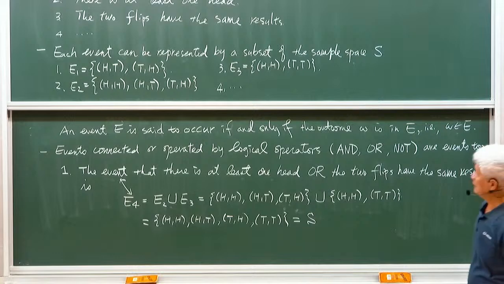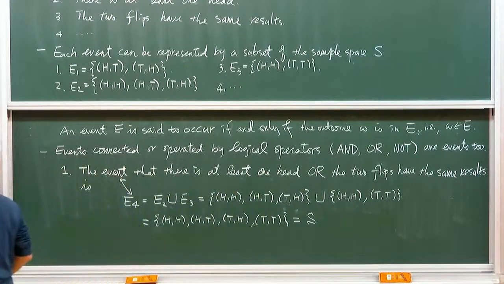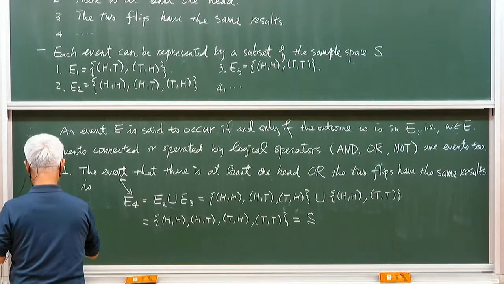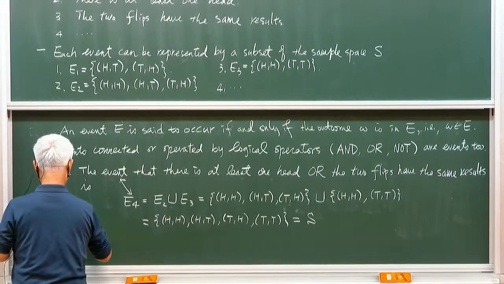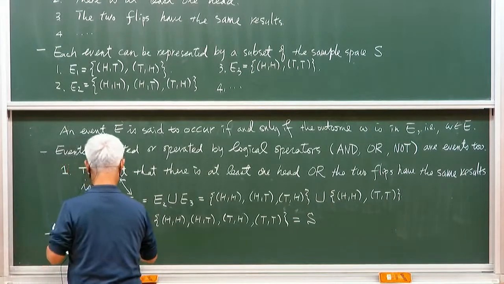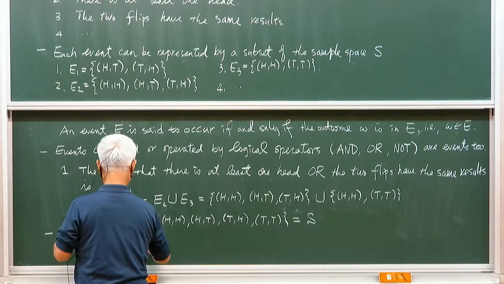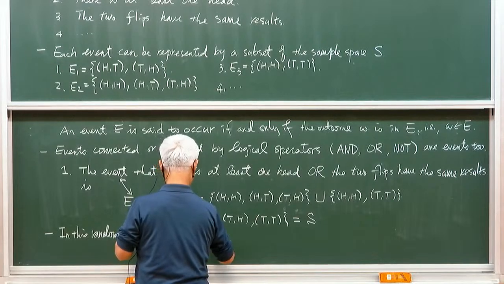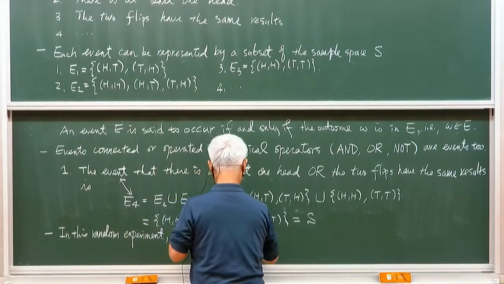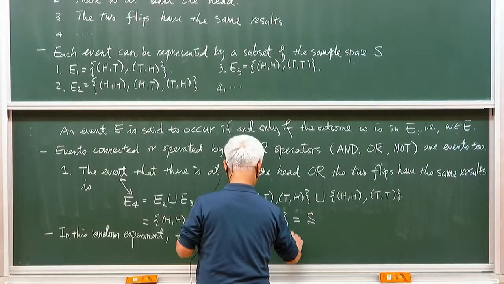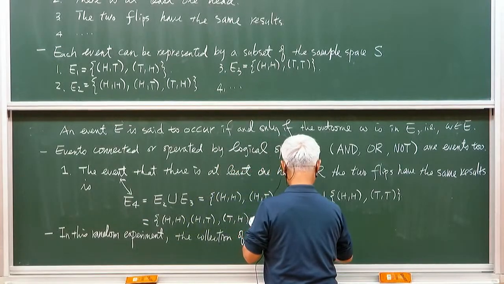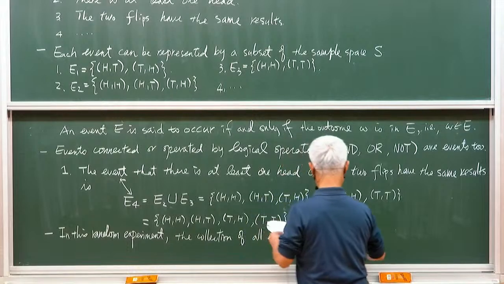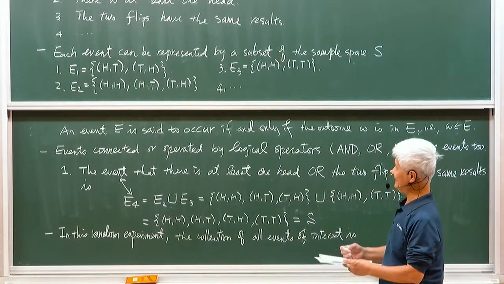Okay, now any questions up to now? So now in this random experiment, the collection of all events of interest is what?